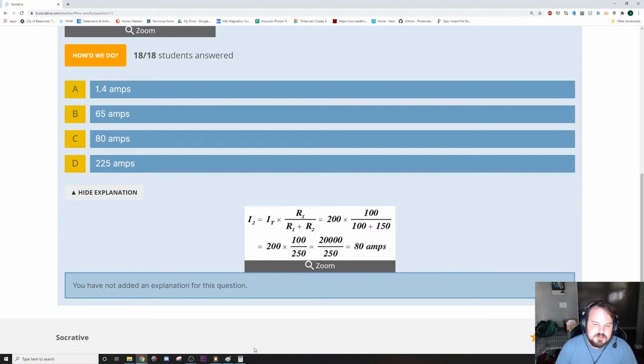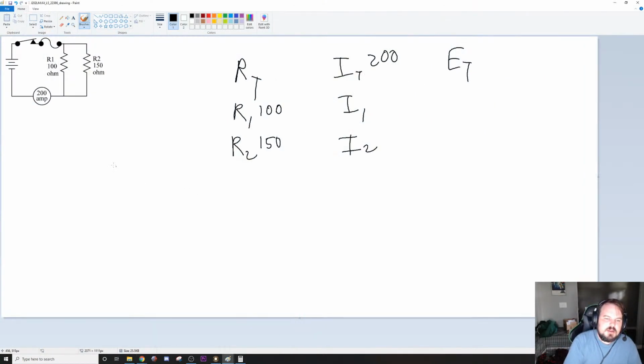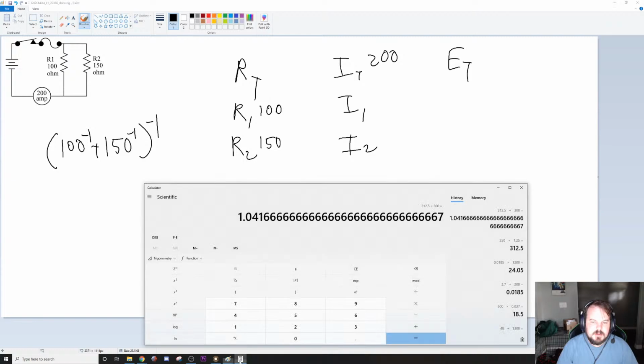That's all well and good, but let's work it out. We have open parentheses 100 to the -1 plus 150 to the -1, close it, -1 one more time.